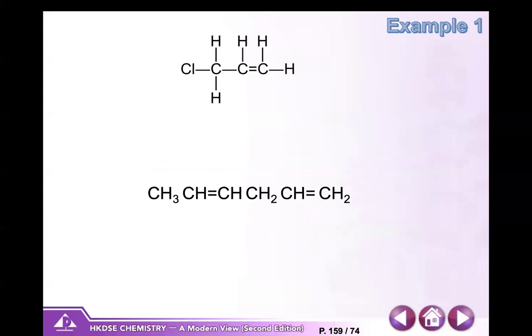Some more examples here in our notes. This is the CC double bond on the first carbon. So it will be 3-chloropropene. While for this one, a longer one, 1, 2, 3, 4, 5, 6, 6 carbons altogether. So it should be hexane. And with a CC double bond present, hexene.